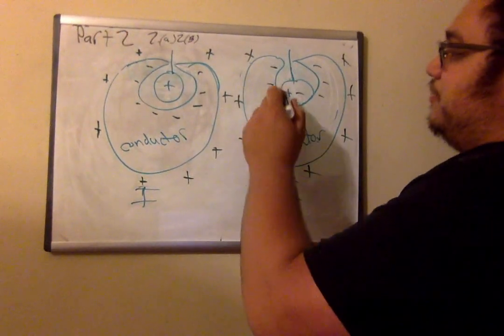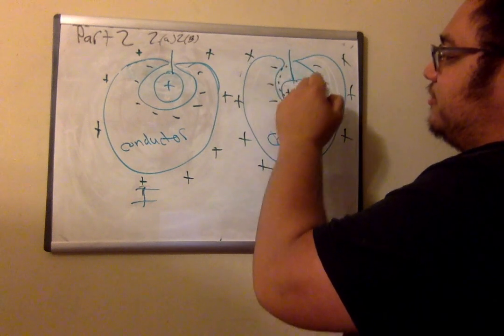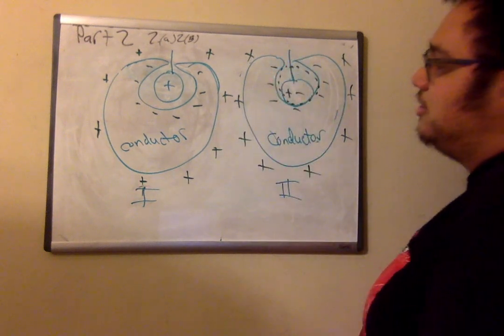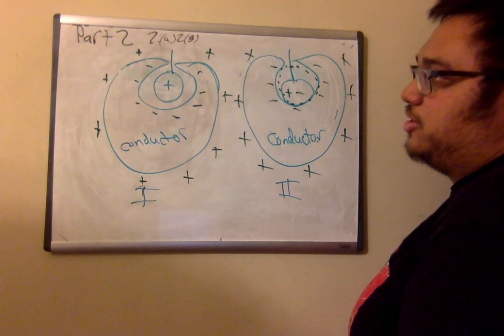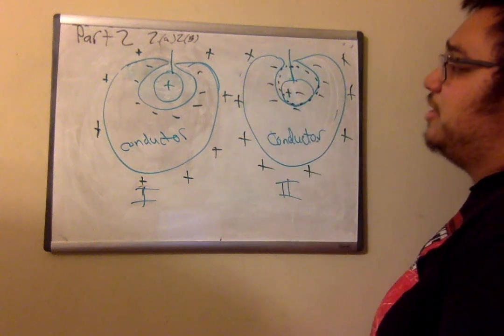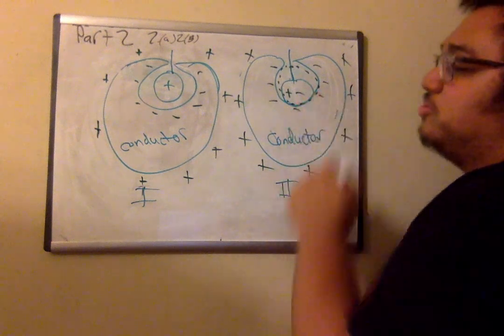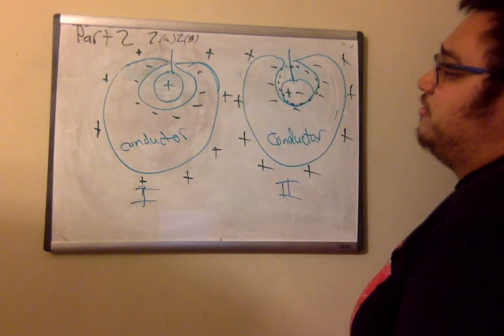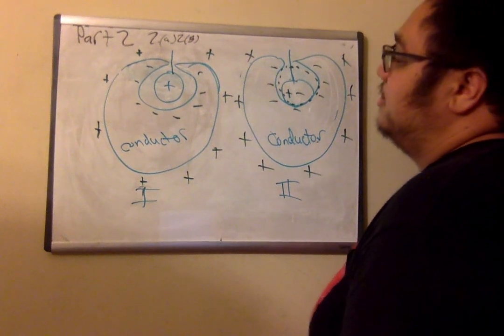So if we think about it, the electric field, let's say inside this conductor, if we drew a Gaussian surface, remember, the Gaussian surface is equal to charge enclosed over epsilon naught. Well, the charge enclosed inside the cavity is what? Well, it's a positive charge and a negative charge, so it's neutral. So overall, the electric field will be zero. It's going to have no direction inside the cavity.